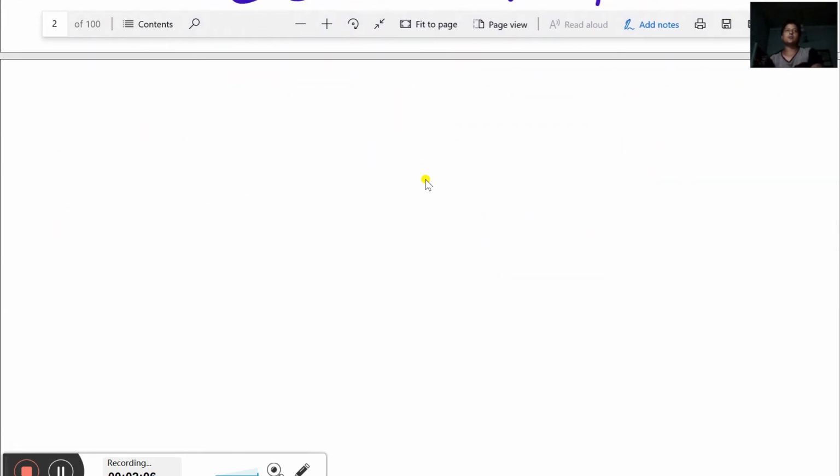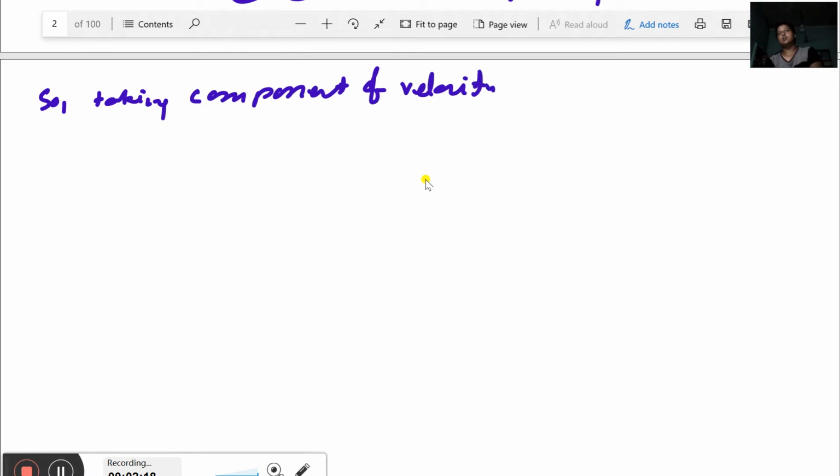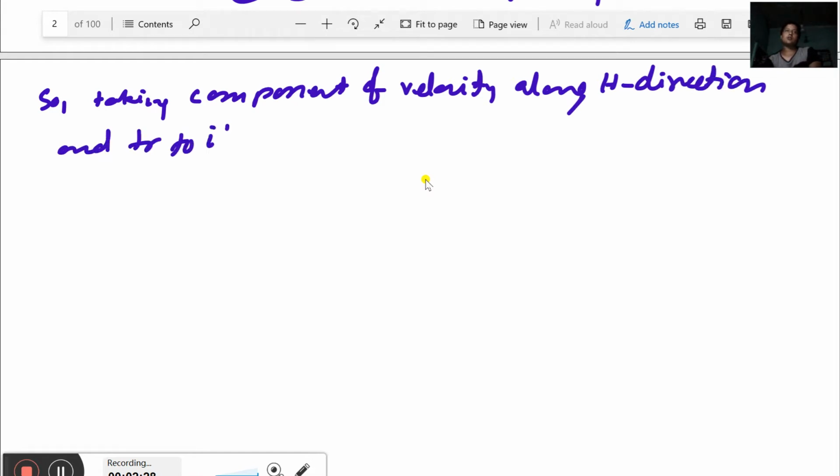So taking components of velocity along horizontal direction and perpendicular to it.